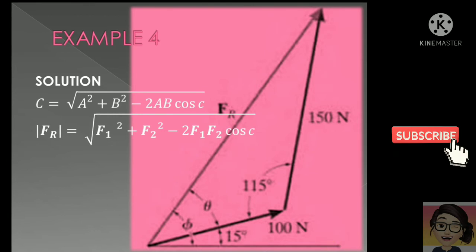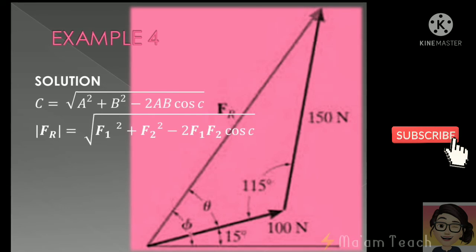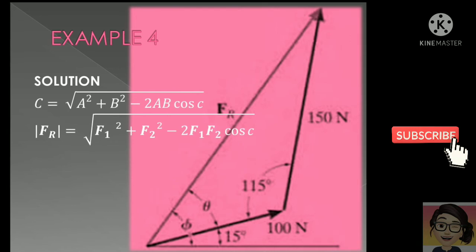That's our unknown. While the side A is F sub 1, the side B is F sub 2. Anyway, you can interchange. You can interchange F sub 1 to become B or F sub 2 to become A. They are just the same side. There's no fixed position of A and B as well as C.